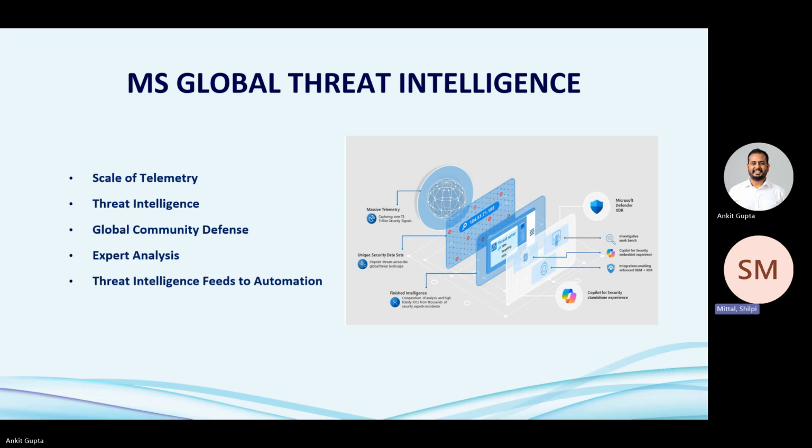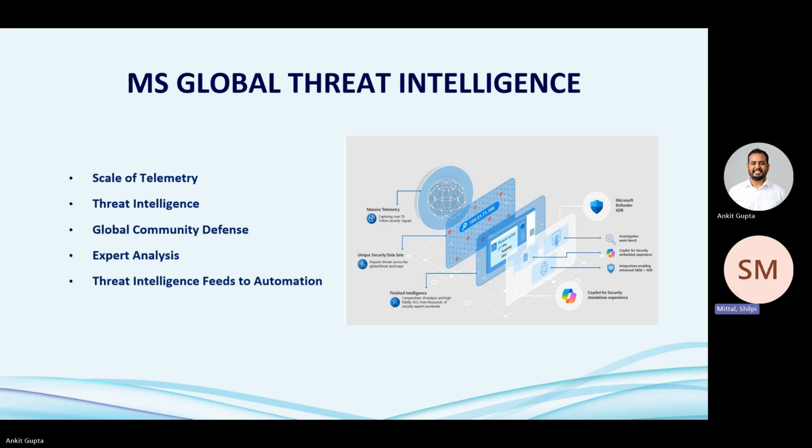Titan, Microsoft's AI-powered graph, connects related infrastructure, uncovering threats before they strike. For example, if one customer detects a new malware hash, Titan can instantly identify associated domains or IPs, distributing protections across the ecosystem.